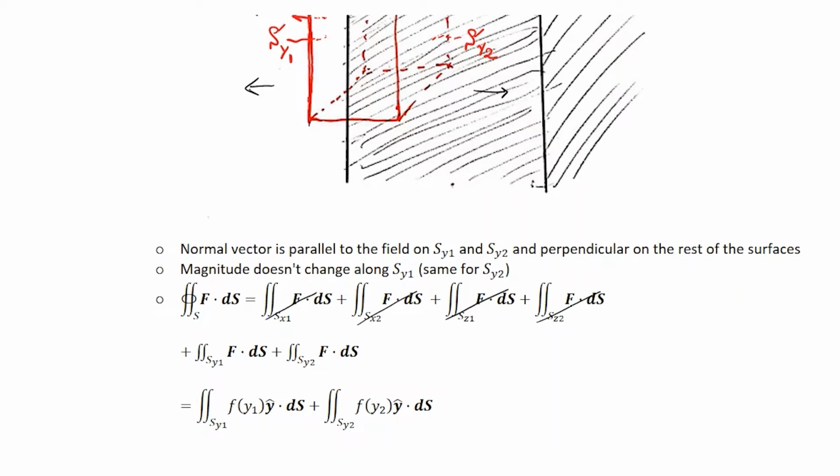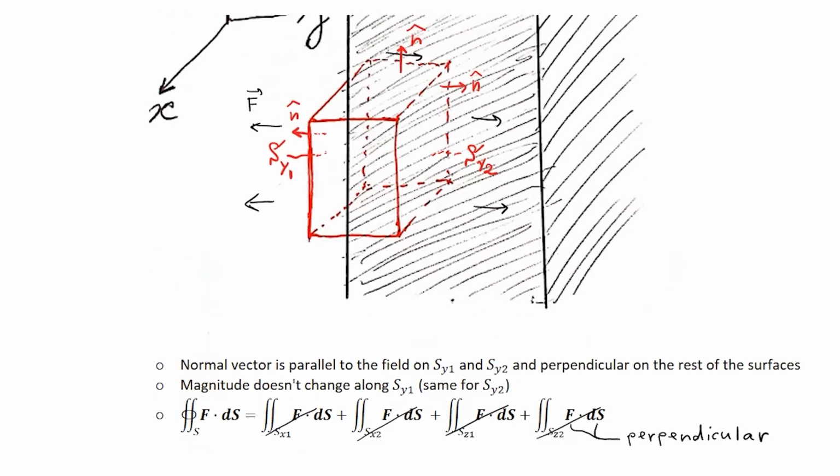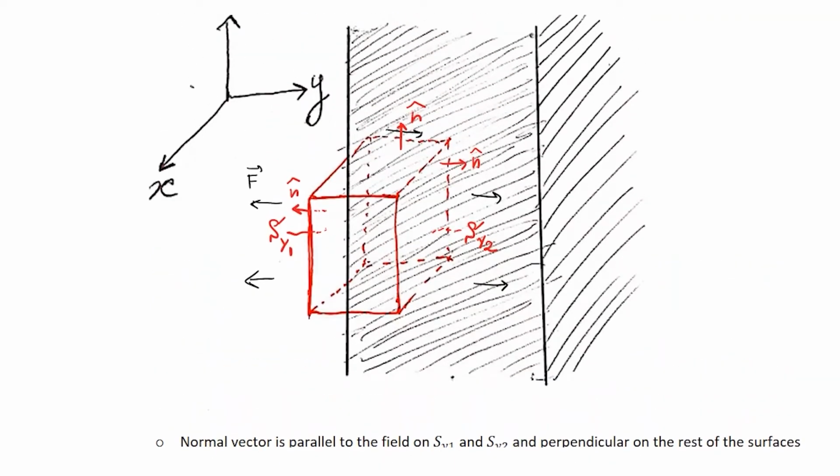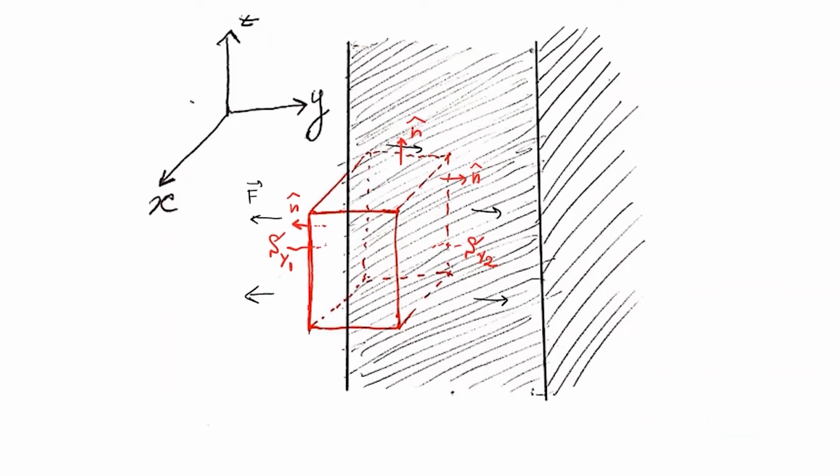The reason why is that this F and this vector ds have 0 dot product because they're perpendicular. So this would be SZ2, this top surface over here, and we just discussed how F and this n hat, which is in the same direction as ds, would be perpendicular.